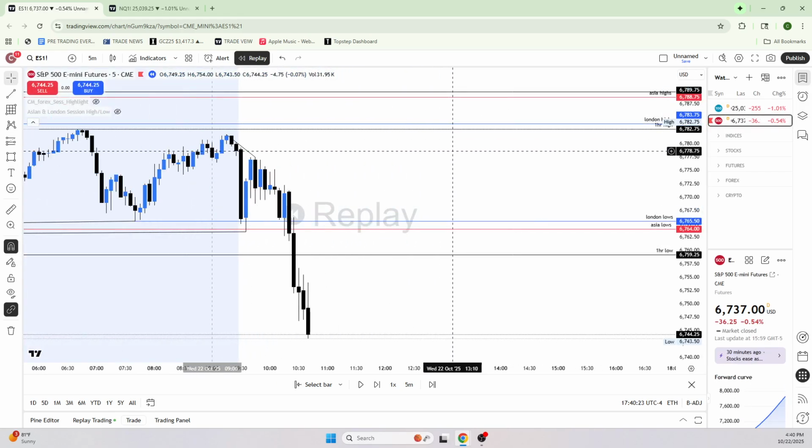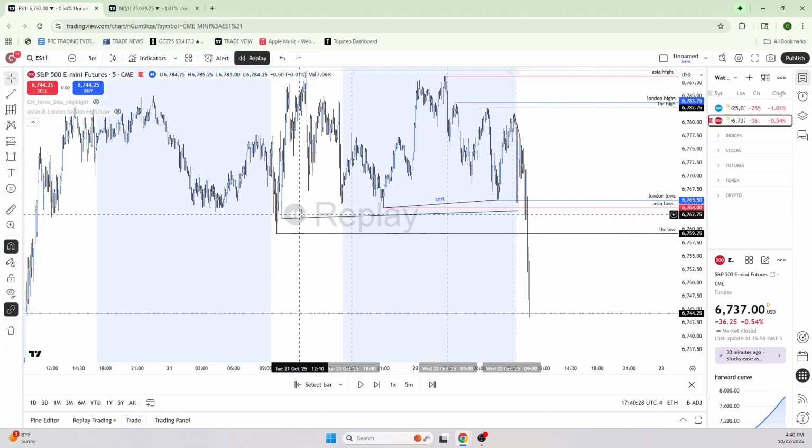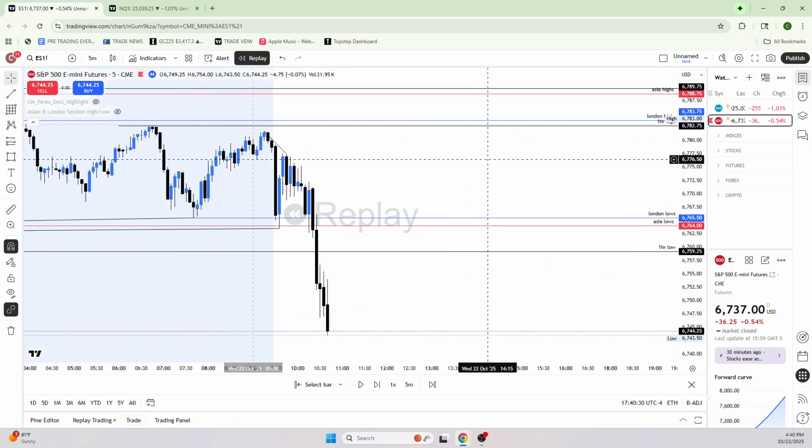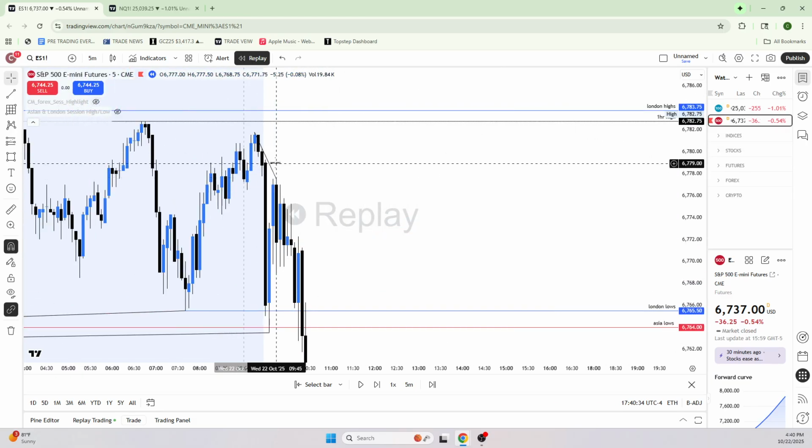But a 5-minute bearish SMT off of these high time frame SMTs, obviously you want to trust the higher time frame.